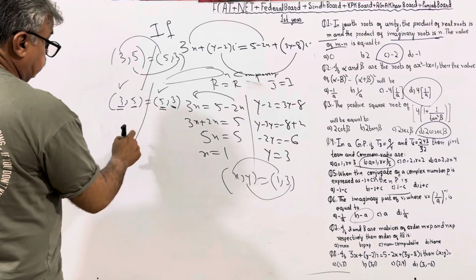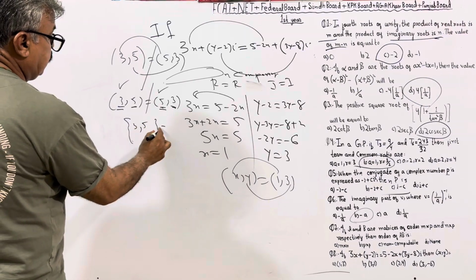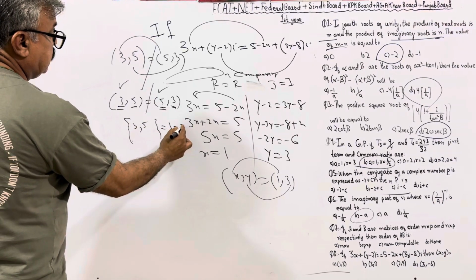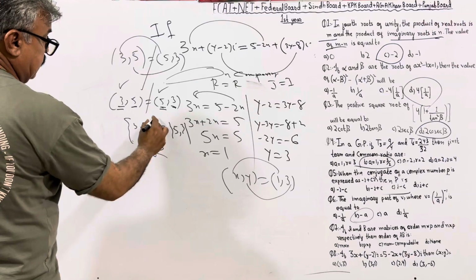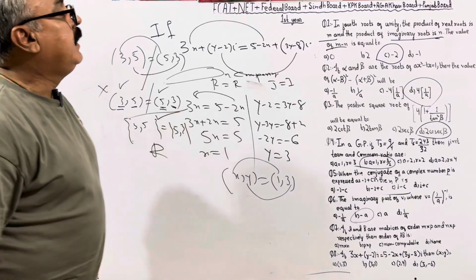They are not equal. On the other hand, if there is a curly bracket, {3, 5} and {5, 3} are normal sets, then they are equal.